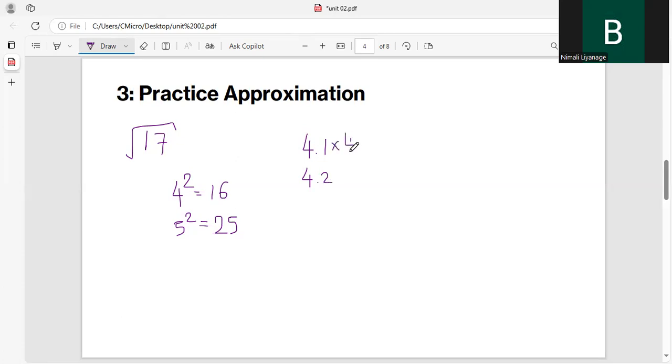Let me write like this. What is the square of 4.1, and what is the square of 4.2? Please do the calculation and take your answers.